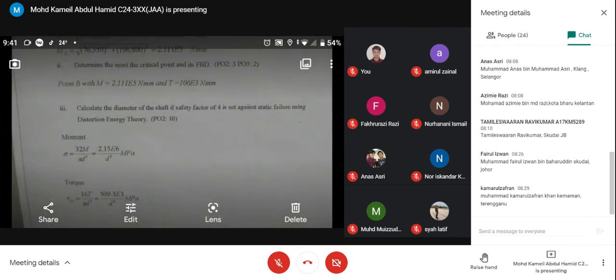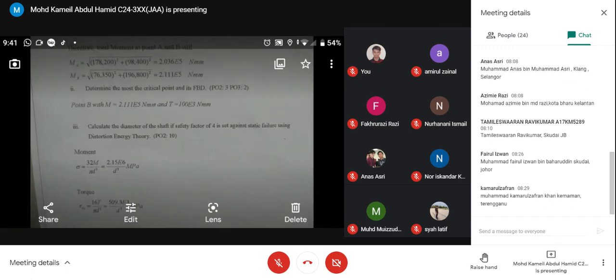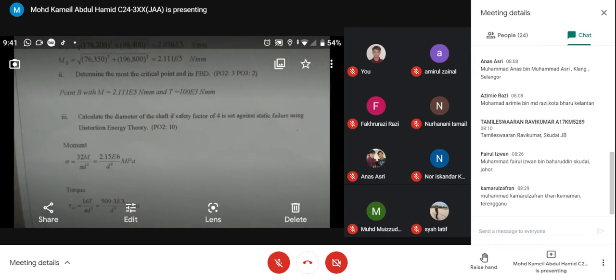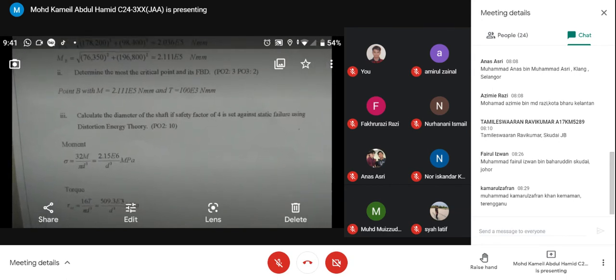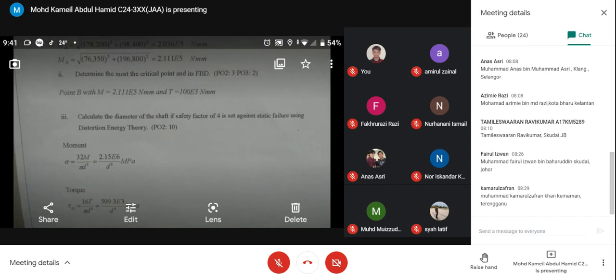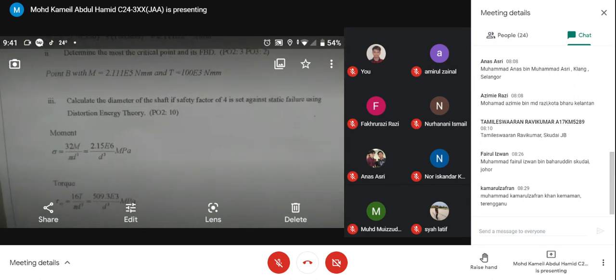Okay, so calculate the diameter of the shaft if safety factor of 4 is set against static failure using distortion energy. Use the equation 32M over pi d cubed. M is 2.115, sorry, it was wrongly 11. Sorry, it is clear now.